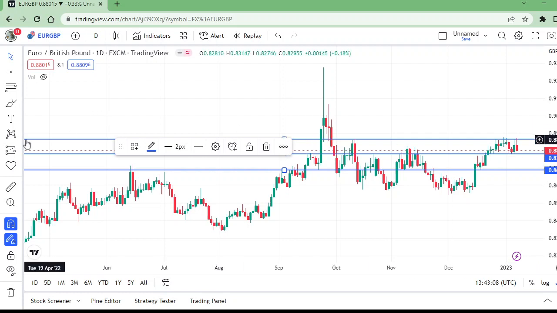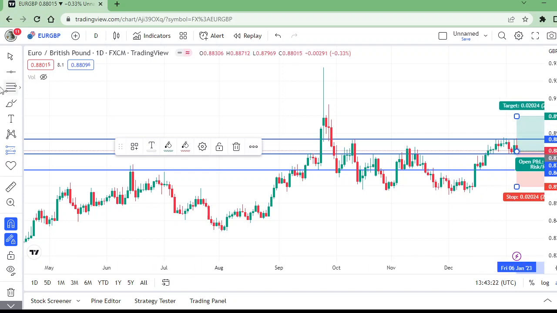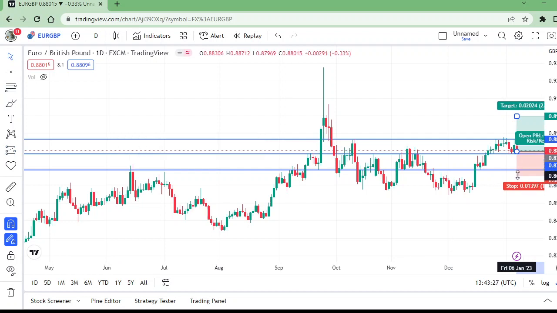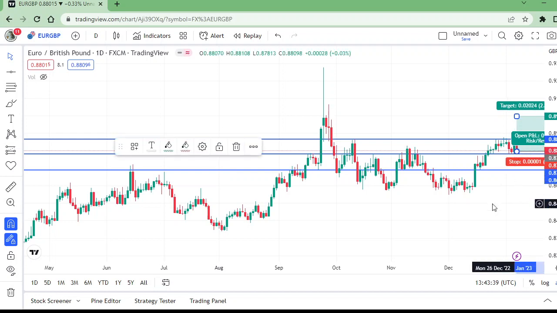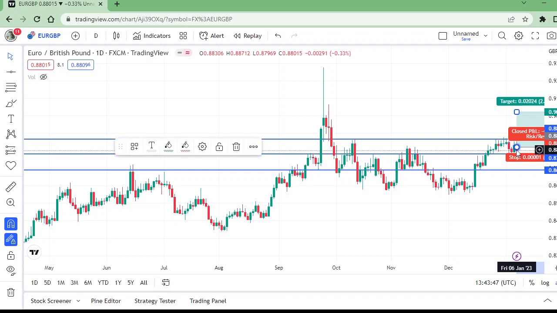Now if anyone puts a long position here, if the long position is here, then the stop loss, as a swing trader, I think it is better, but if anyone is not comfortable, then they can keep it below this, but that will be very near, though it can be set also.